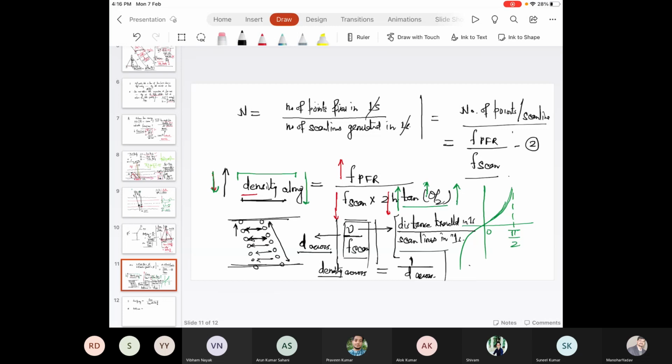If you calculate this distance d, then the reciprocal, 1 by d, gives you the line density. Is it clear? Is there any doubt? Let me know. Yes, sir, clear.